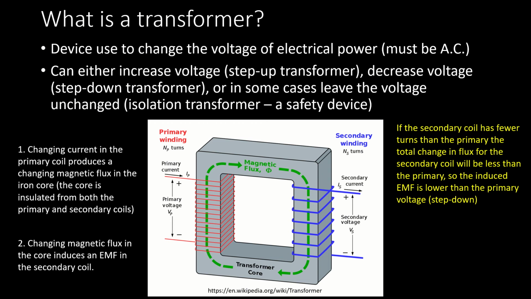So if you've got a coil with 10 turns in it, for example, you've got 10 times the flux that you would have with just one coil. But if, like in this example, the secondary coil has fewer turns than the primary, then you're going to have less overall flux in the secondary. So you're going to have a lower induced voltage. That will produce a lower voltage than you put in at the start, and that would be a step-down transformer.